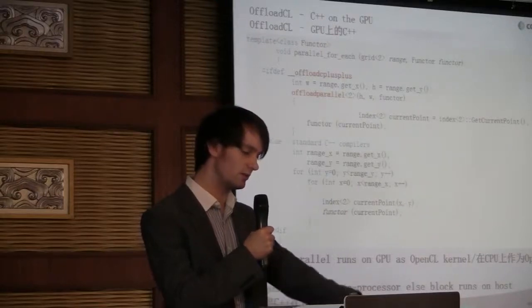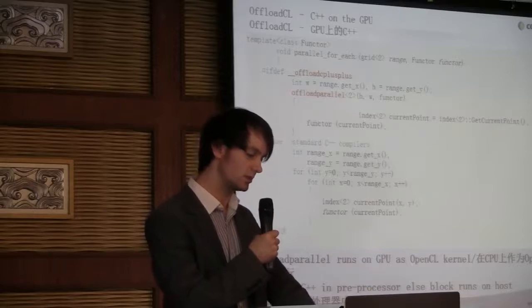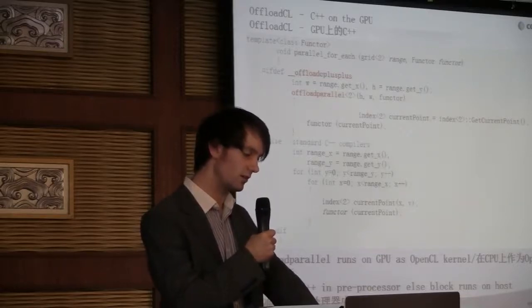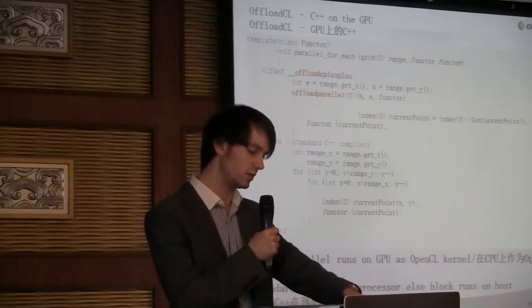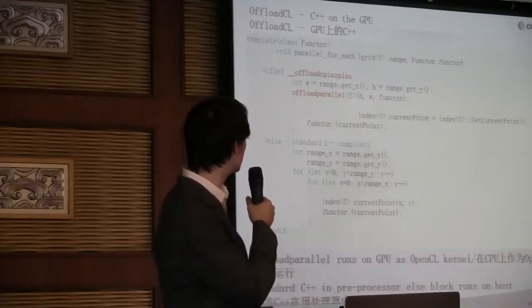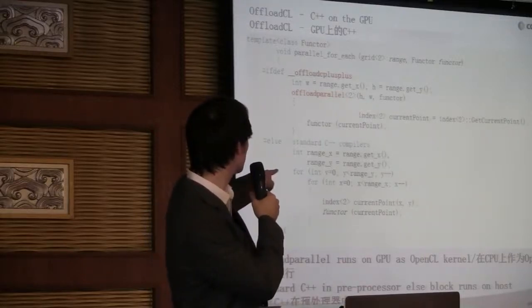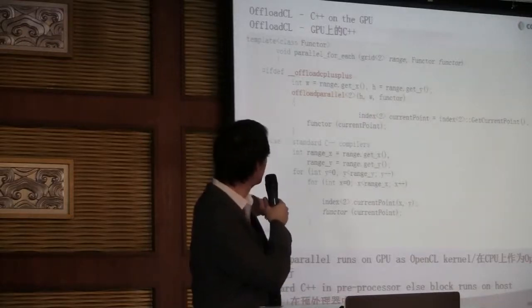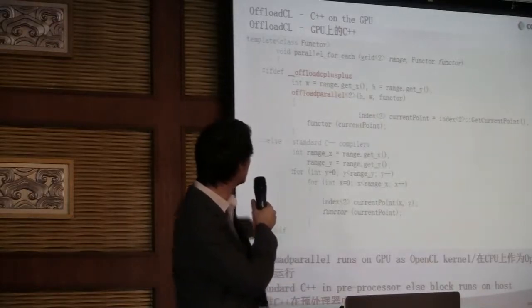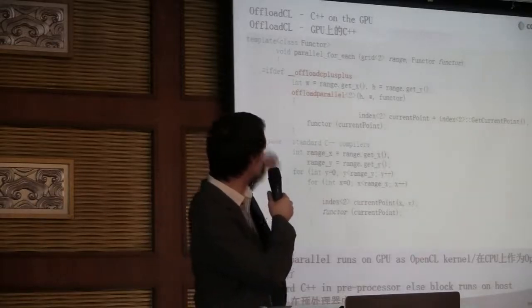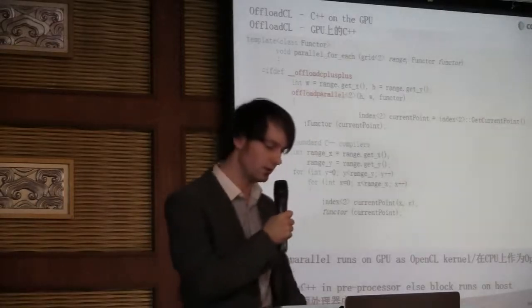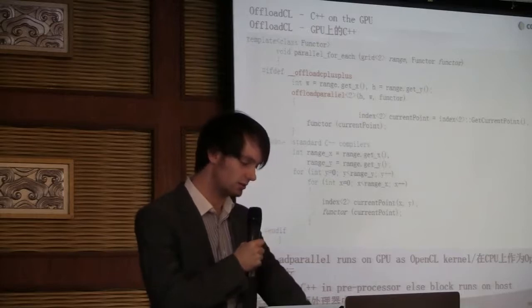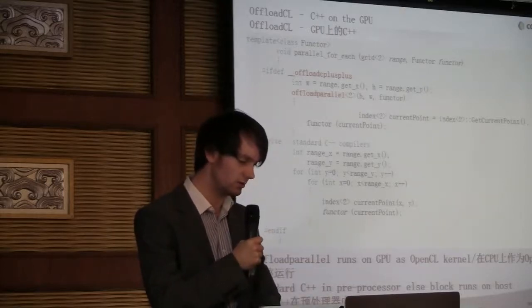This is provided simply by the preprocessor check there for ifdef offload C++. It says standard C++ compilers will compile this section here, and everything else that's not standard will compile this section here. And when it does, the functor will be offloaded onto the GPU.